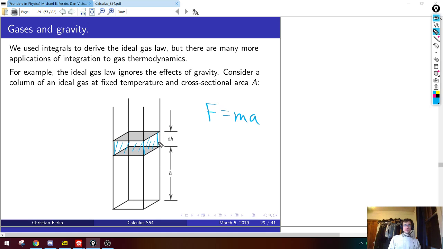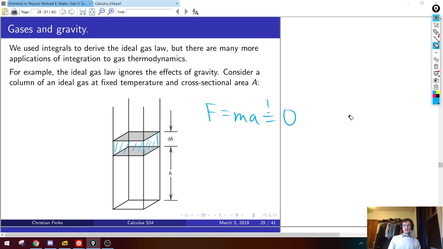We're also going to assume that the gas is in equilibrium, which means it's not moving, it's not accelerating. The gas particles are bumping around randomly, but they're not all moving upwards or all moving downwards.